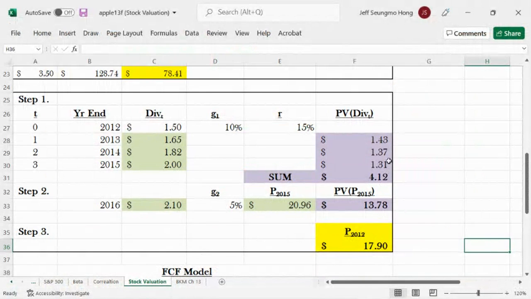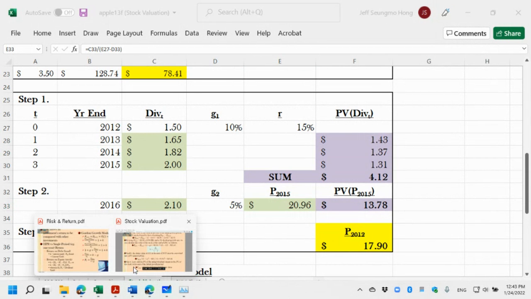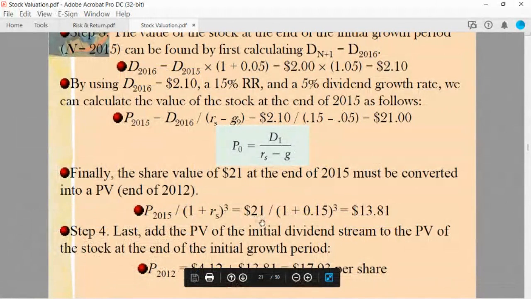That's due to rounding. Think about it: the stock price at the end of 2015 is 20.96, but they simply rounded it, so it came to 21. Considering the rounding difference, it's the same answer.